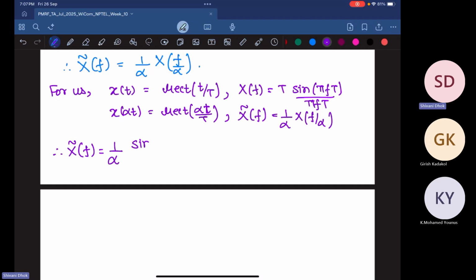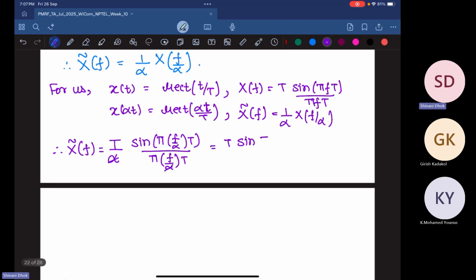It becomes sine of pi, f is now f by alpha, capital T, divided by pi f by alpha into capital T, which is equal to, this alpha gets cancelled, T times sine of pi f T by alpha divided by pi f T. Okay, so this is what we have right now.